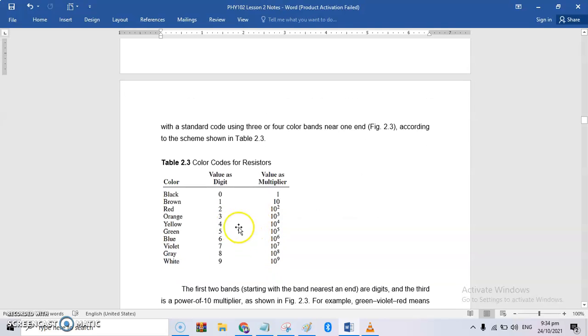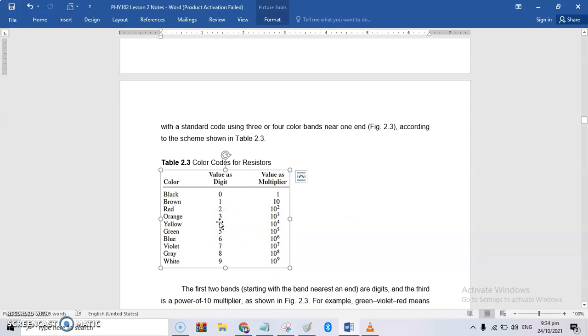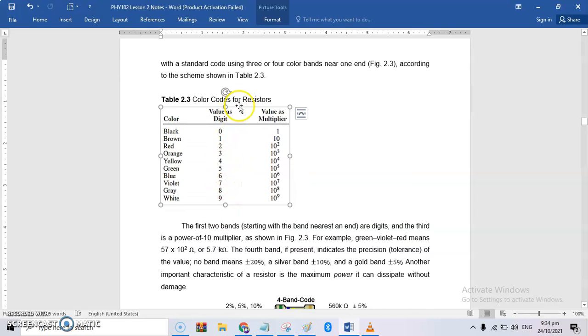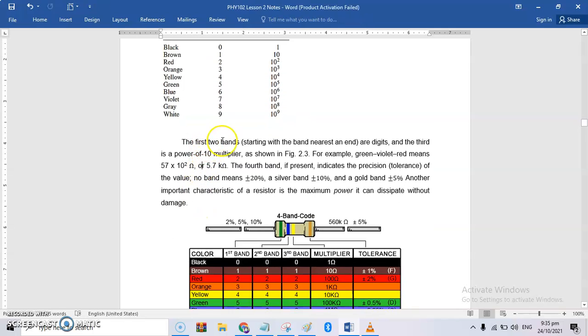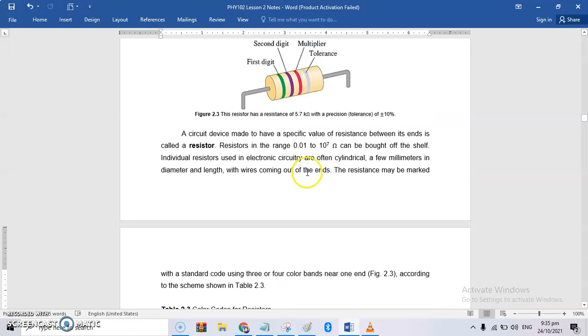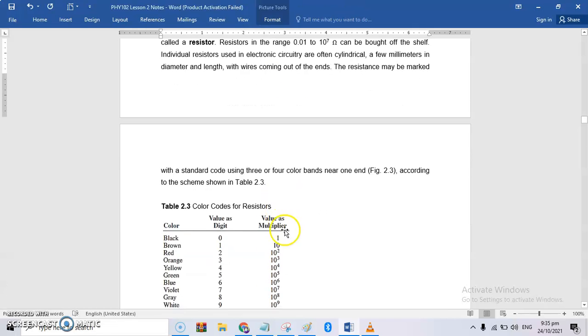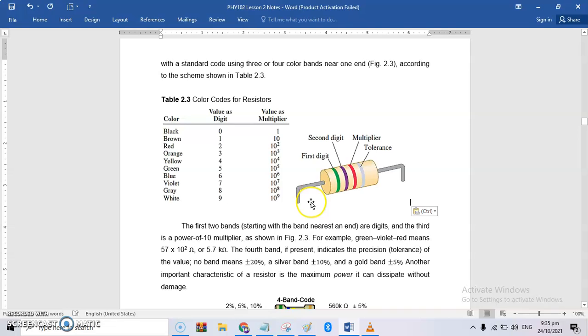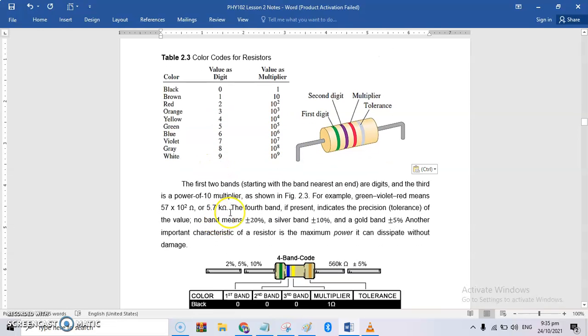So, eto siya. Ang reference for the color codes is depende sa value as digit ng ating mga kulay. So, the first two bands, as what have shown in here, starting with the band nearest at end, are digits.